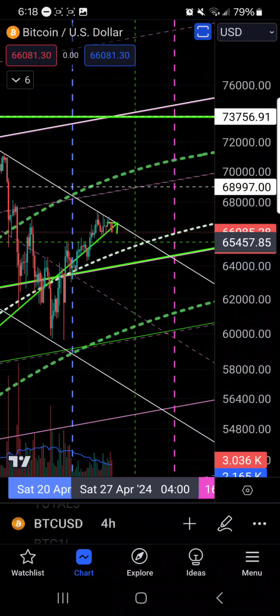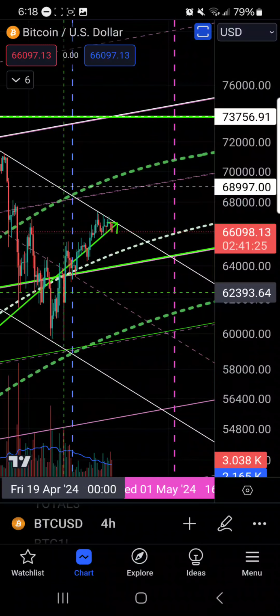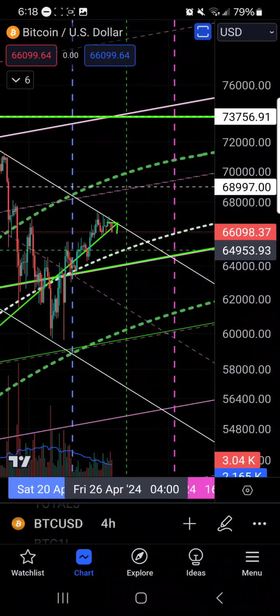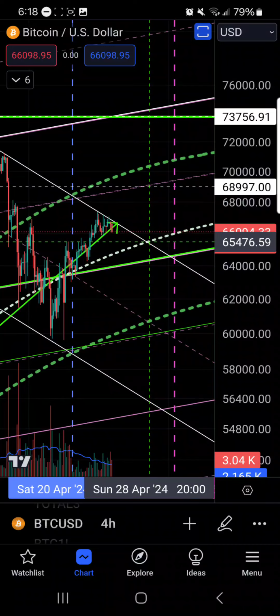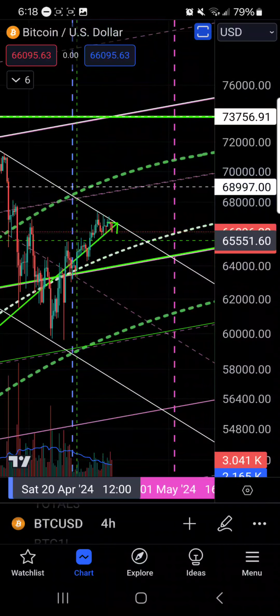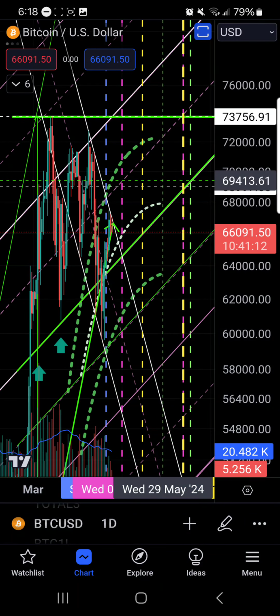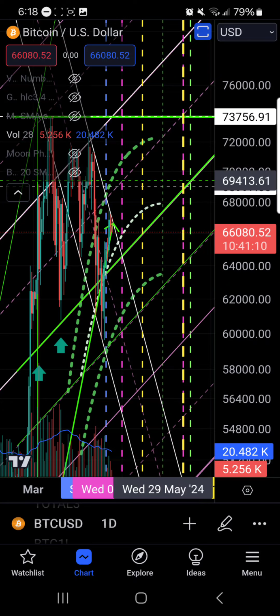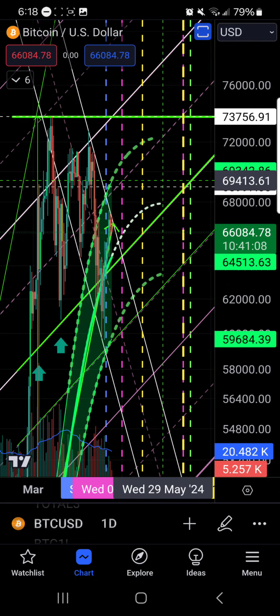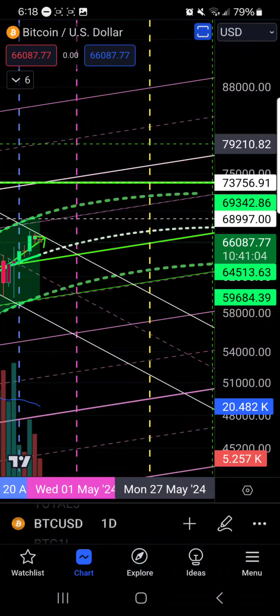It would also bring us down below the mean band of the Gaussian channel, which is right there. That's what these curved lines are. They represent the daily Gaussian channel. And I will switch to a daily and show you that. I've turned on the Gaussian channel. We're on a daily time frame.